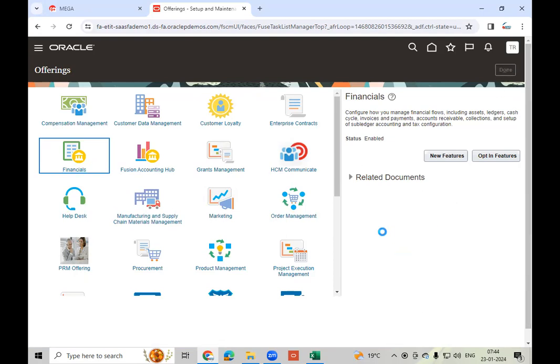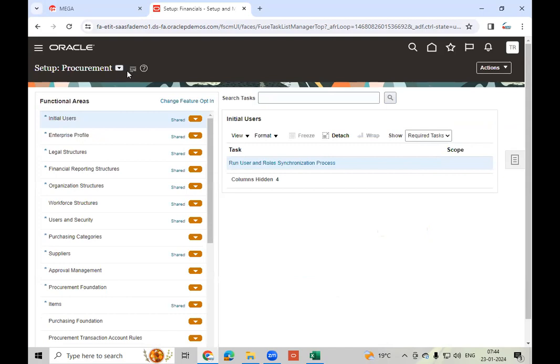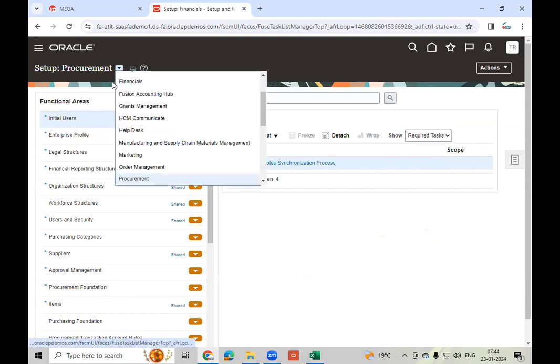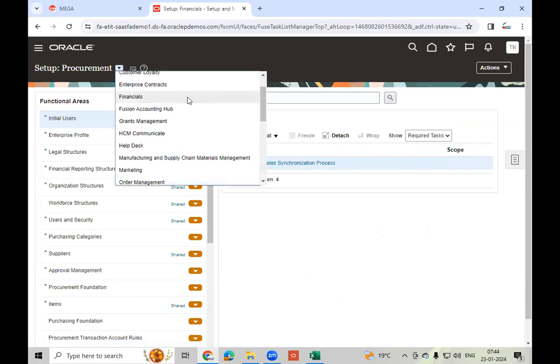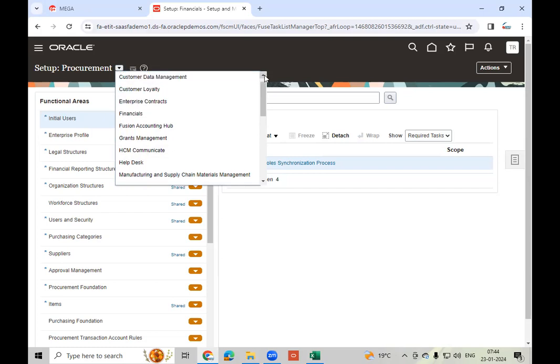Select that. So earlier, financials was not available in the list, right? Now see, it is there. Now it is added again. In the same way, you will enable other offerings, and under them the features, and then those will appear.